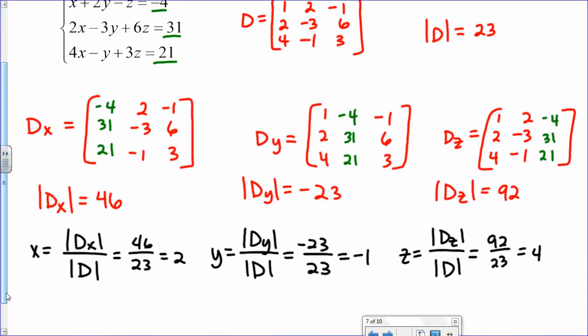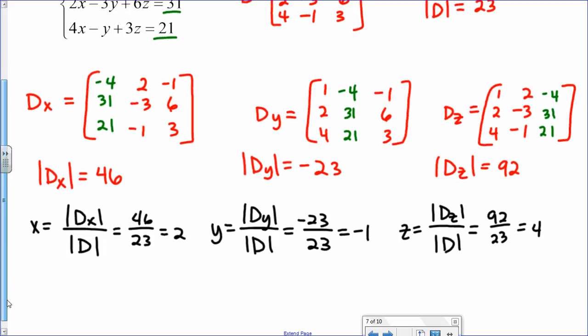So show the work. Show these matrices written out, because then if you make a mistake, I can track to see where that is, and you will lose fewer points if it's just something minor like you wrote 1 instead of negative 1 here. Okay. And so then our solution is 2, negative 1, 4.